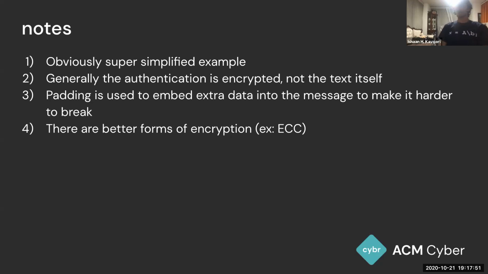Secondly, padding is used to embed extra data into the message to make it harder to break. So to get a sense of why you need to do this, think back to the Enigma machine example, right? Once you could make a guess as to what a certain phrase in the ciphertext could be, you could then start to decode it.